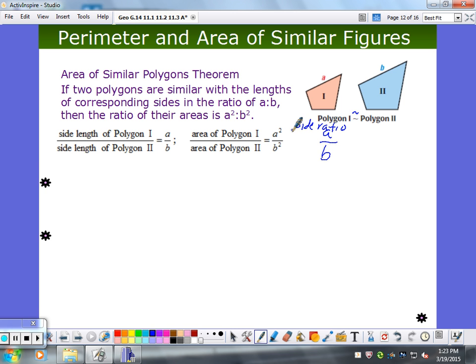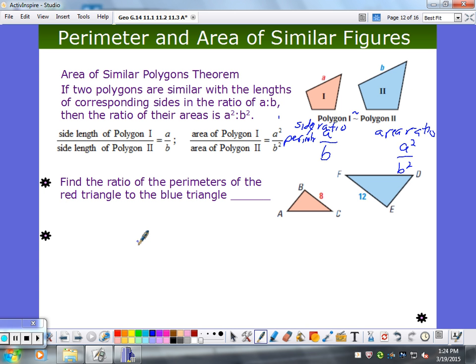So we can call it a side/perimeter ratio. Now what's the relationship between that and the area ratio? You square that. That's the relationship between sides, perimeters, and areas. And we're going to see what to do with that.